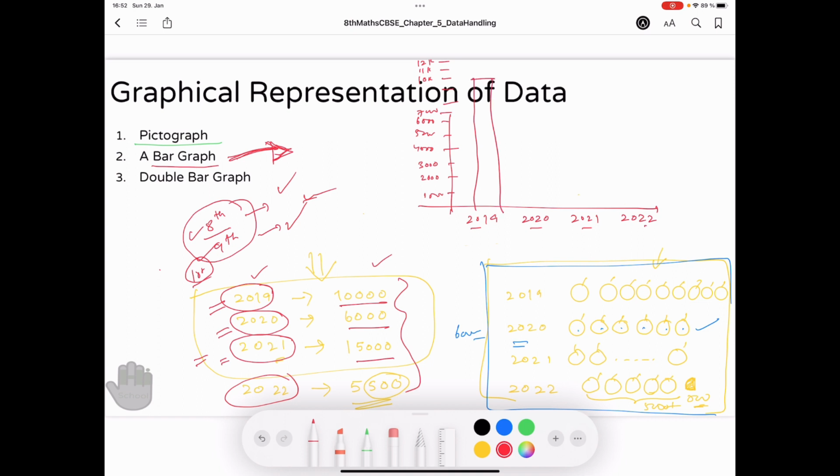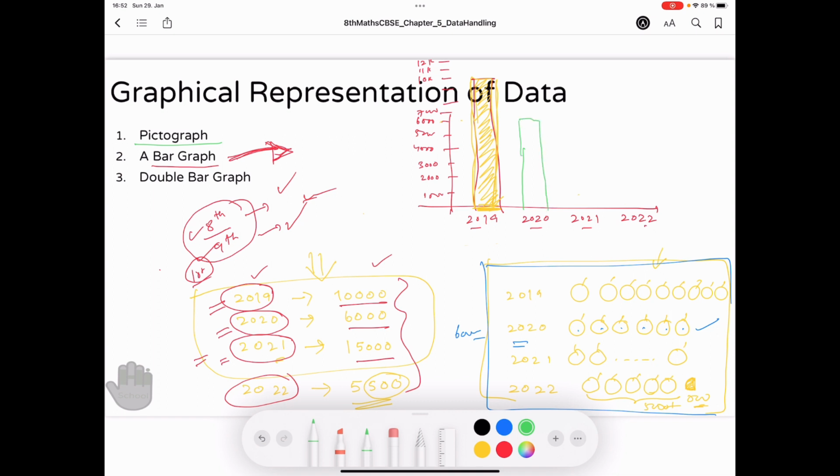Okay, as the name suggests, this is a bar graph. So we have drawn a bar. Okay, this is a bar. It's kind of a rectangle. Okay, a rectangle of height 10k for the 2019 category. For the 2020 category, it should be 6,000. 6 is here. Okay, let's take a different color, green color, and then this is 6,000 here.